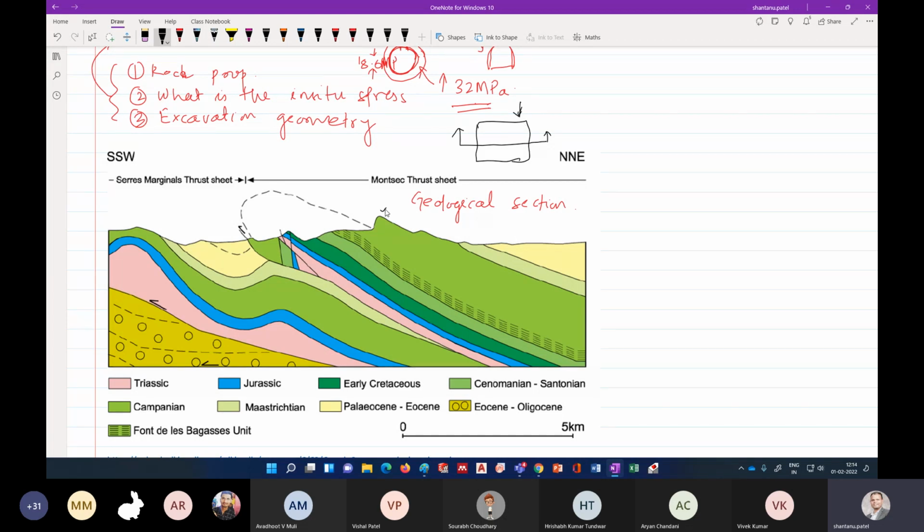Maybe this is a mountain, and you are just cutting through that mountain vertically, and this is how it looks. The different colors here tell us the different types of rock. Maybe the geology students can say what kind of rock this is, for example Oligocene. The pink one is different, the blue one is different, the green one is different. So it's like that. When you excavate something, you know.